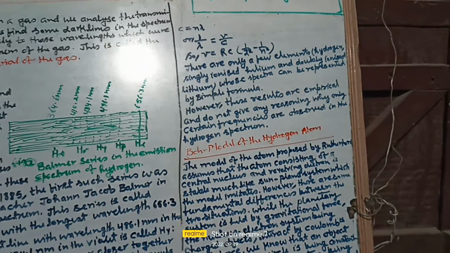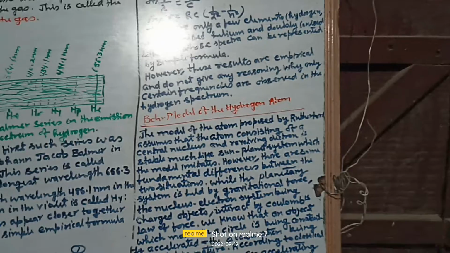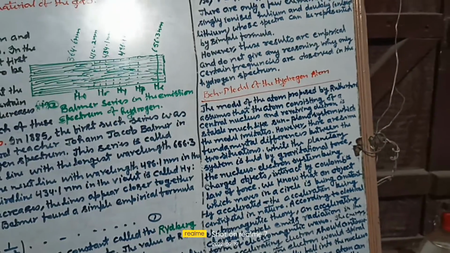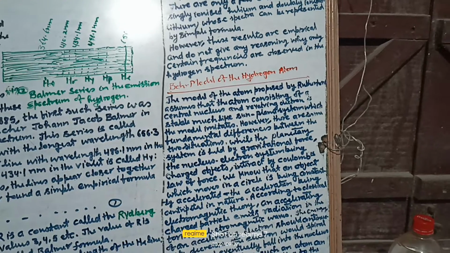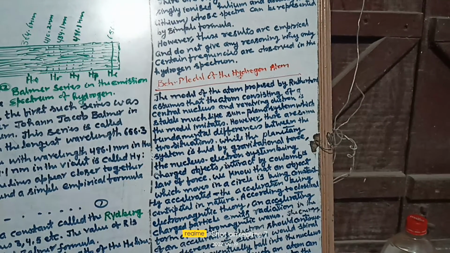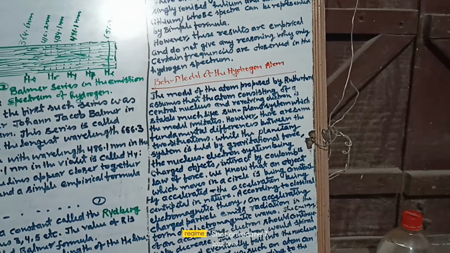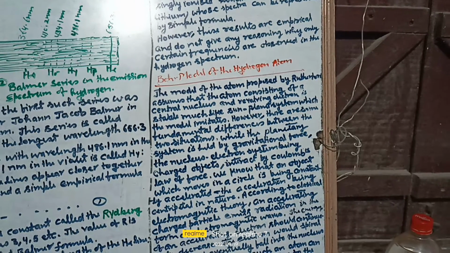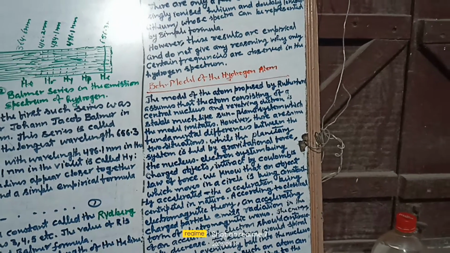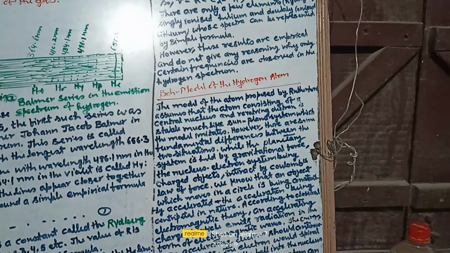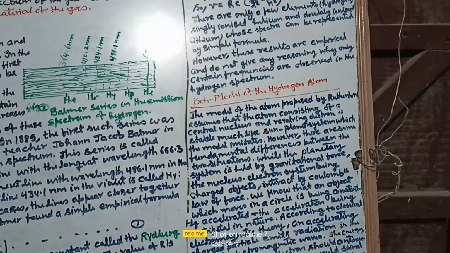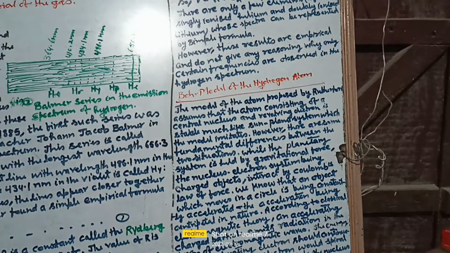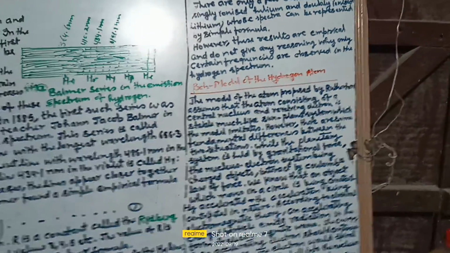So, nu equals Rc, 1 by 2 square minus 1 by n square. There are only a few elements, hydrogen, singly ionized helium and doubly ionized lithium, whose spectra can be represented by a simple formula. However, these results are empirical and do not give any reasoning why only certain frequencies are observed in the hydrogen spectrum.